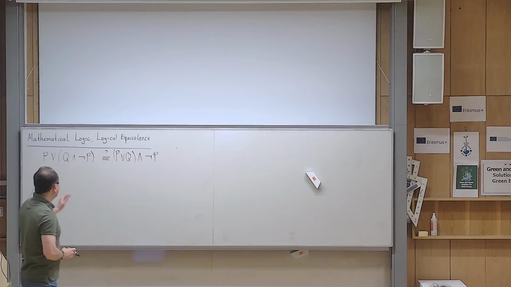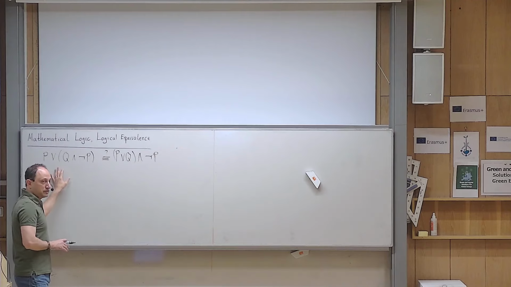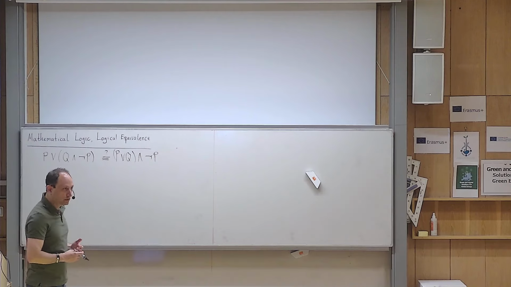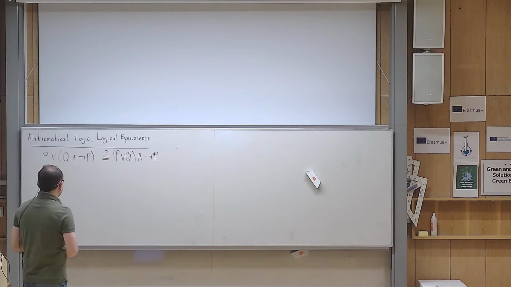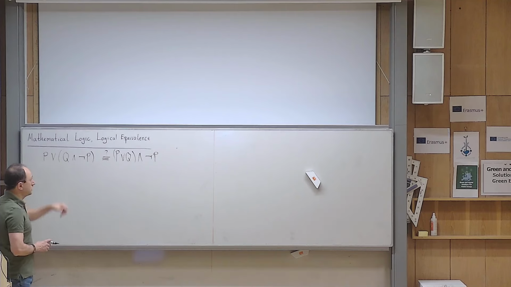You can find a specific assignment for P and Q so that for those assignments, the left-hand side and the right-hand side do not match. If you can come up with that idea, that is quite okay. But if it is complicated, you can just draw the table for the left side and the right-hand side and see that they are not identical.